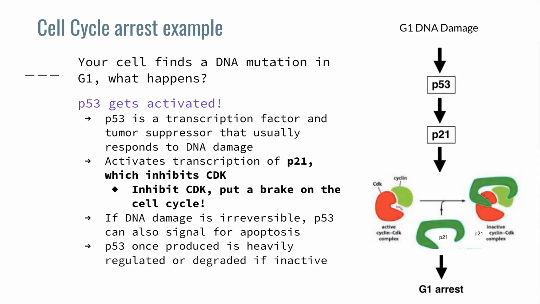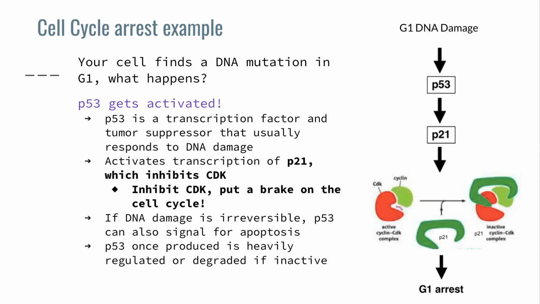So when P53 is active in response to DNA damage, it activates transcription of P21. And when P21 is translated, it binds to CDK cyclin complexes, which inhibits the activity of CDK, which puts a brake on the cell cycle to give the cell time to either repair damage or undergo apoptosis, or programmed cell death.